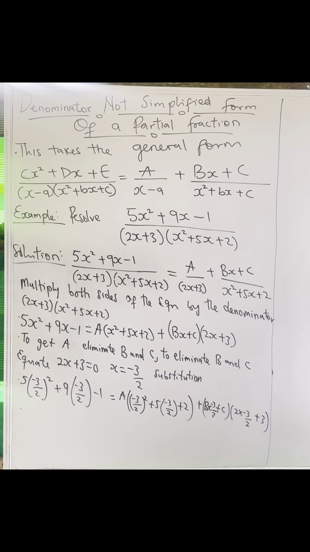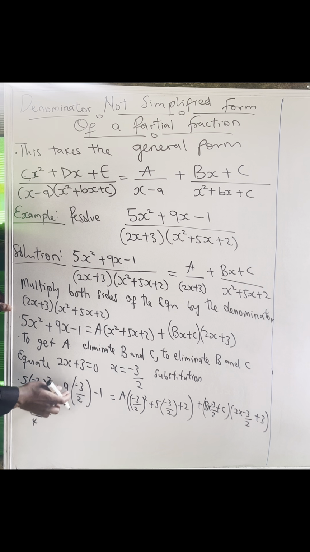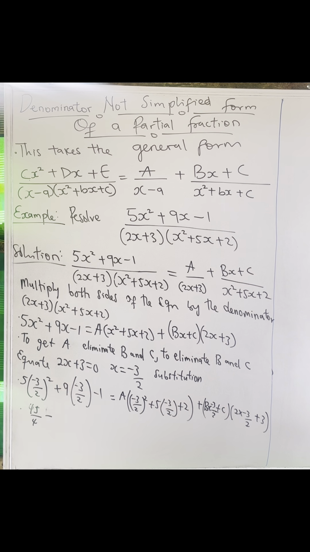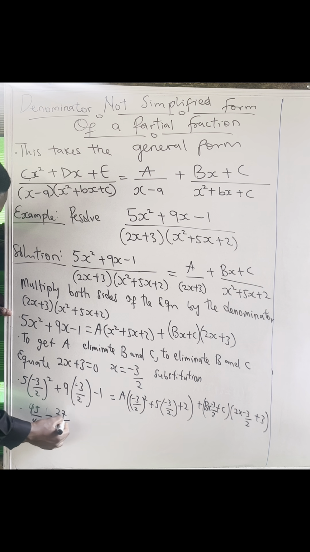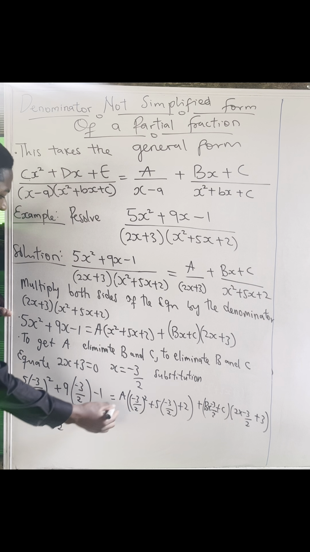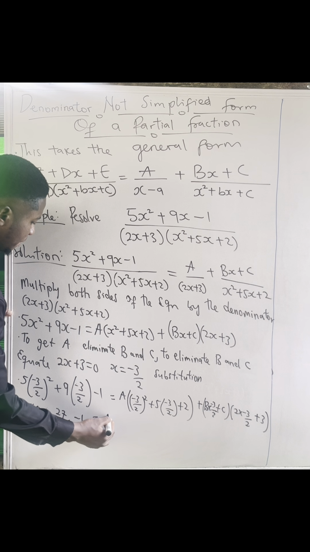Minus 3 squared, that is 9, right? So this one will just be 9 over 4. 5 times 9, that is 45. 45 over 4 plus, this is minus, that's plus, this one returns to minus. 9 times 3, 9 times 2 is 18, right? So 18 plus 9, that will give us 27. So this will be 27 over 2 minus 1. And this will equals to a.